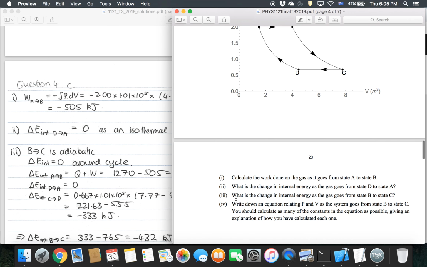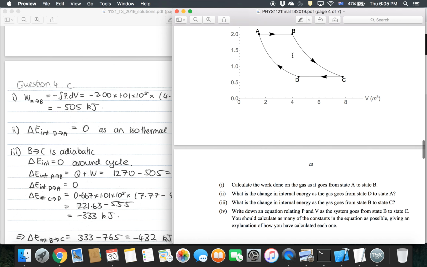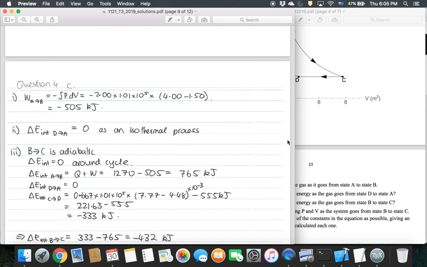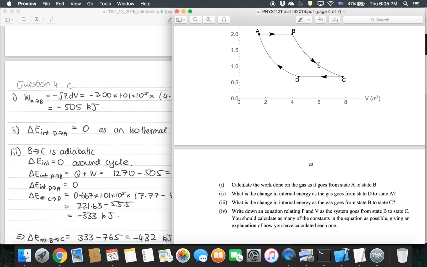Okay, part three, what is the change in internal energy as gas goes from state B to state C? Okay, so this one is the adiabatic process, so it's not so straightforward. And the way to approach this is actually to calculate the change in internal energy for every single process, and then take advantage of the fact that when you go around the entire cycle, the change in internal energy is zero, like a conservation of energy idea.